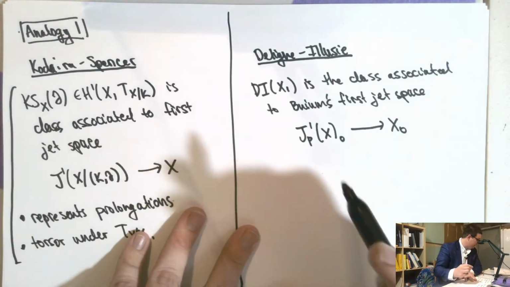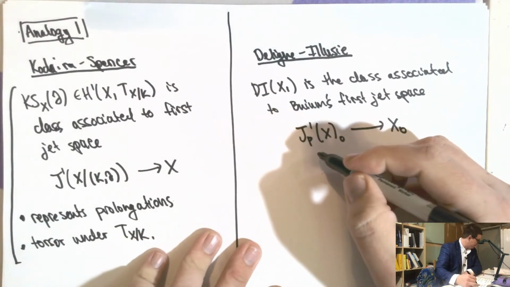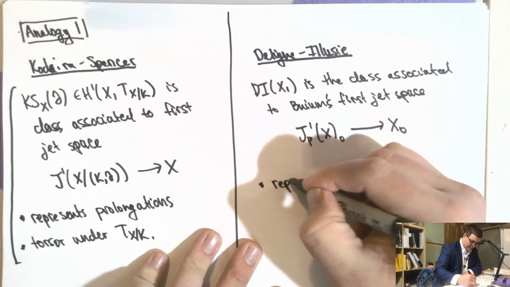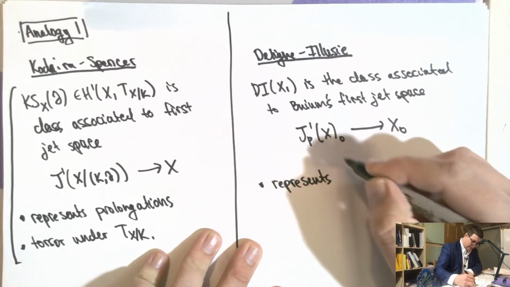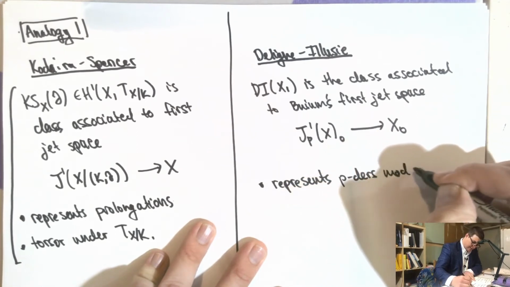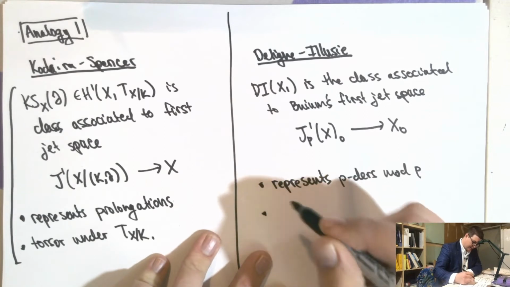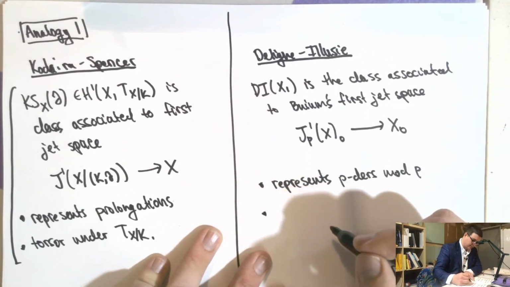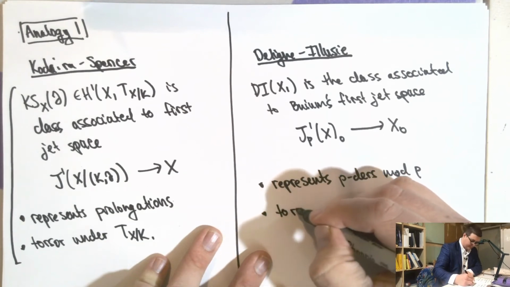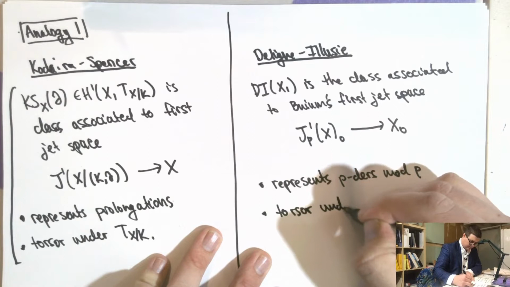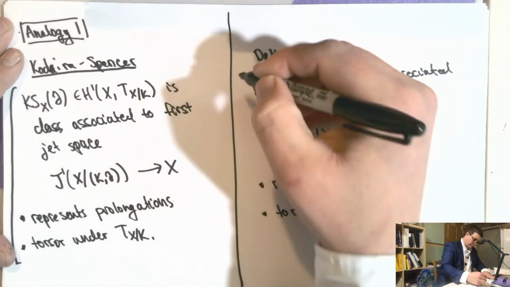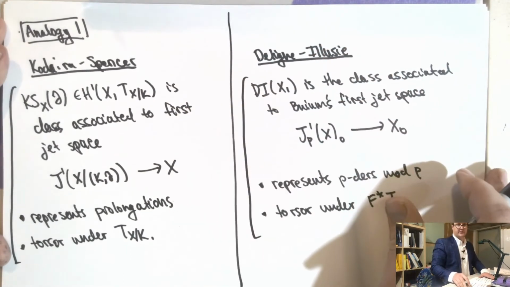This is the Buium or Greenberg transform, and this represents p-derivations mod p. And it's a torsor under the Frobenius tangent bundle. So that's the first analogy.